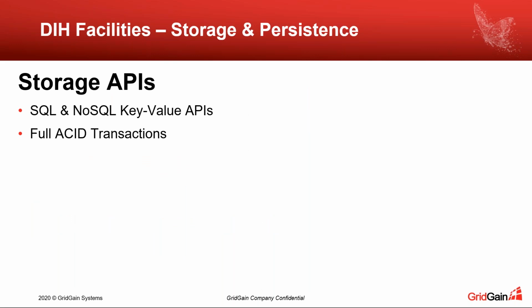So starting with DIH storage and persistence, we see that Ignite supports both SQL and NoSQL key value APIs for data stored in its tables and caches. Now, generally I use tables and caches as synonyms, but there is a difference in that you do not need to apply SQL semantics to a cache.